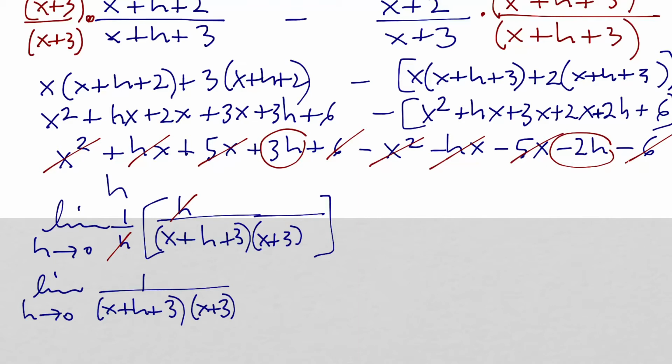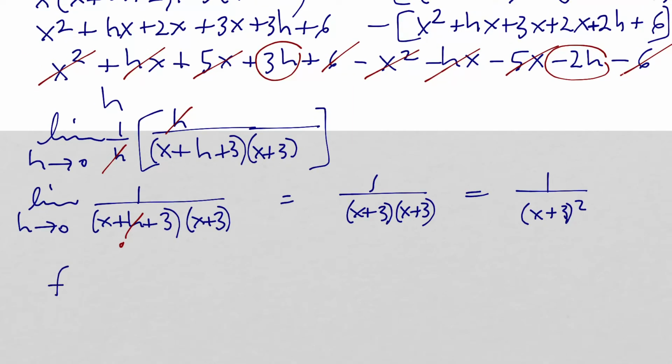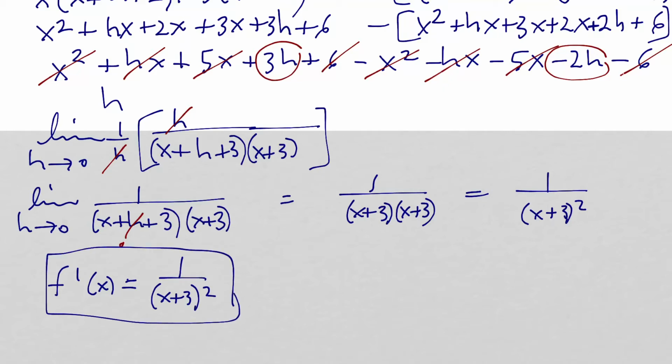All right, so the h is going to go to 0. So that's x plus 3, x plus 3 on the bottom. So that's 1 over x plus 3 times x plus 3, which is the same thing as x plus 3 squared. Okay, so f prime of x is equal to 1 over x plus 3 squared for our rational function.